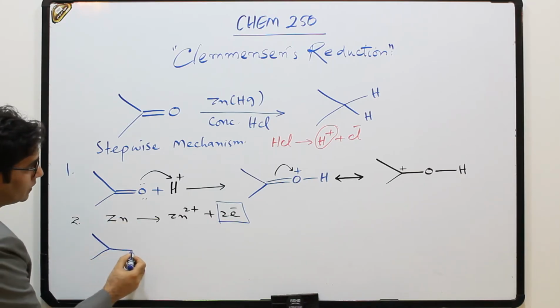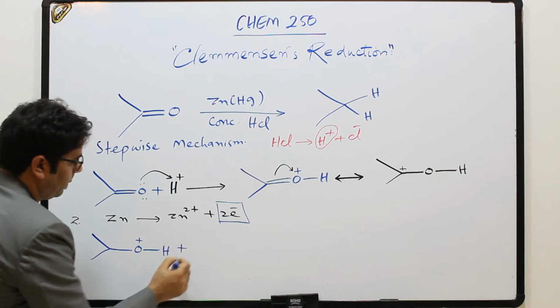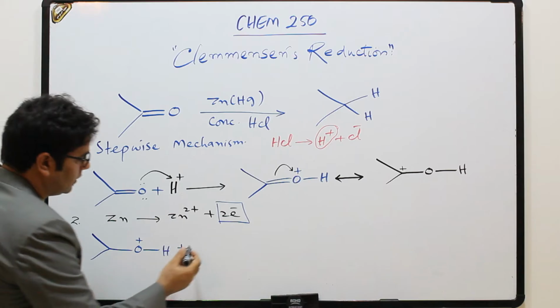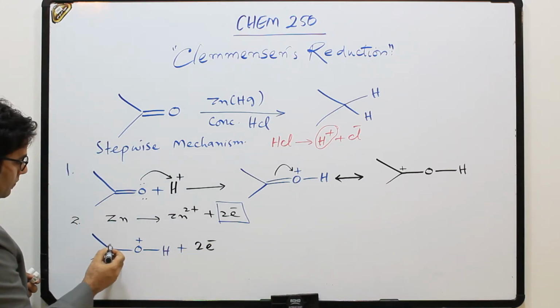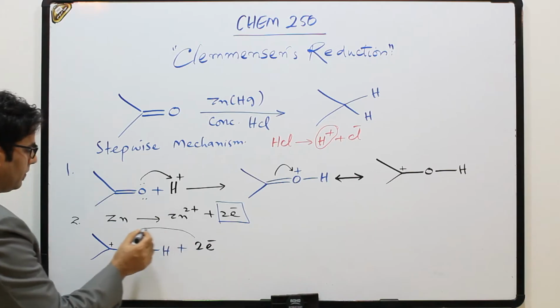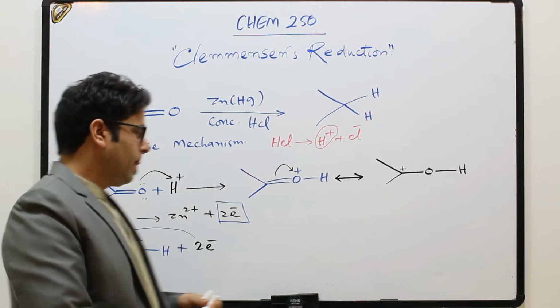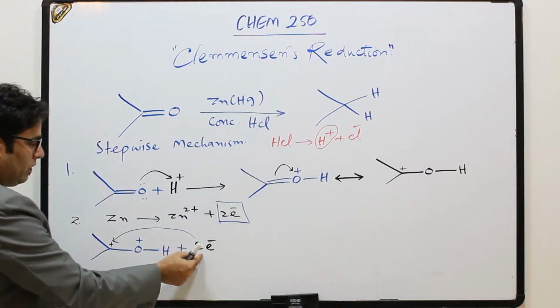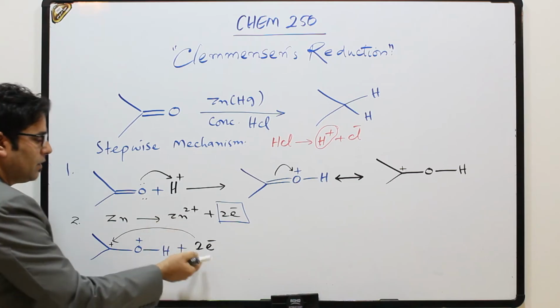Let me show you like this. You know carbon has valency 4. So when one electron comes here, carbon satisfies its valency, but there is still one extra electron.